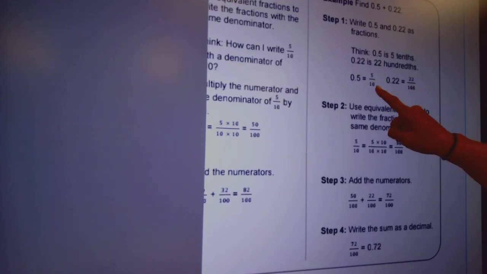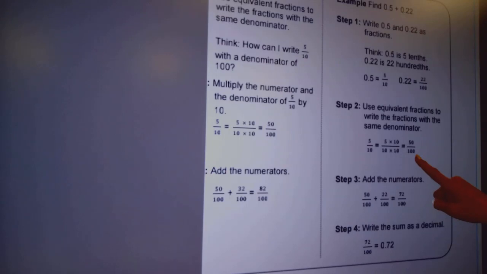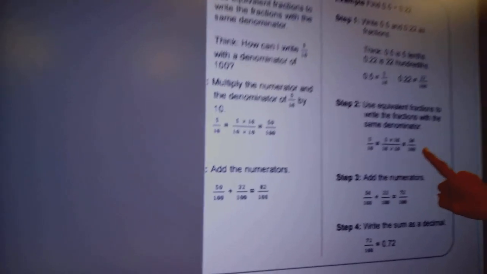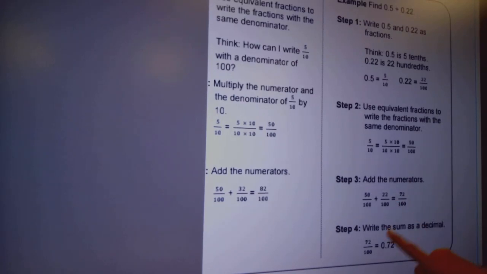So then I could do 5/10, change it to where it has a common denominator of 100. Then add, right? 50 hundredths plus 22 hundredths equals 72 hundredths. And then change that back to a decimal. So we totally could do that.